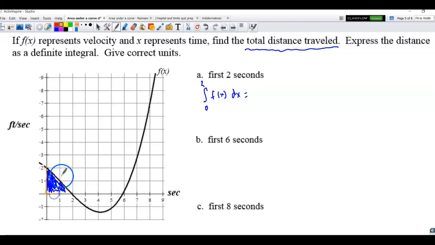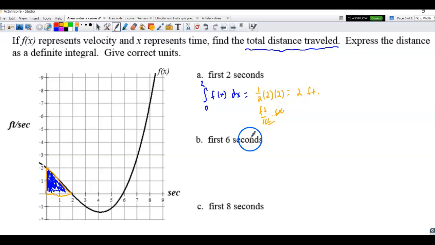This region is close enough to a triangle to just do 1/2 base times height. So I'm going to do 1/2 of the base, which is 2, times the height, which is 2. So 1/2 of 4 is 2. My units, remember, are feet per second times seconds, so I'm going to end up with feet. So that is the total distance traveled by the object from 0 to 2 seconds.